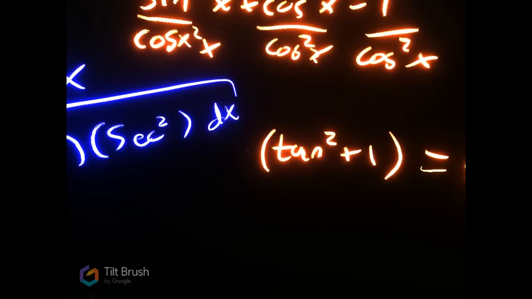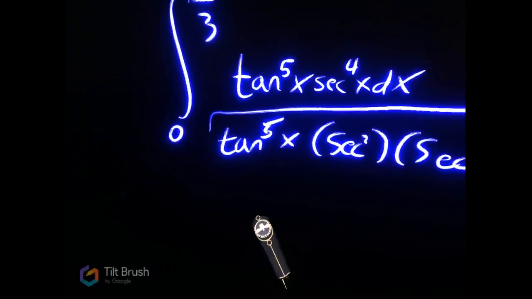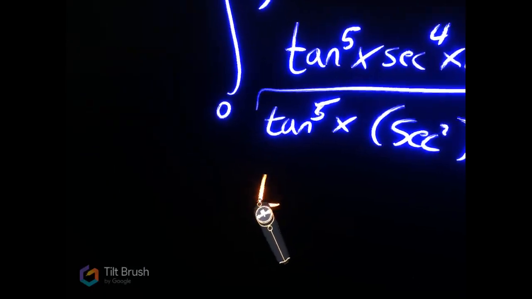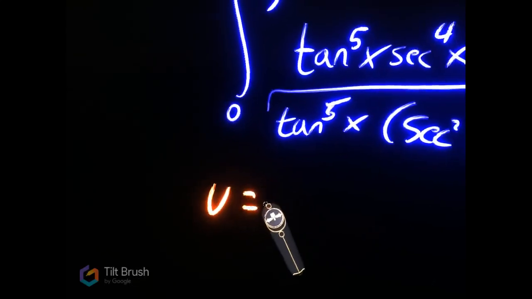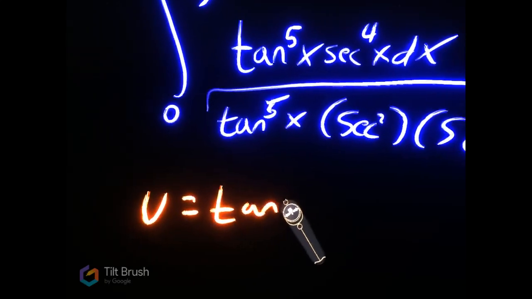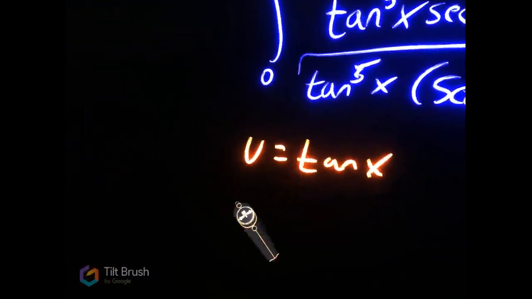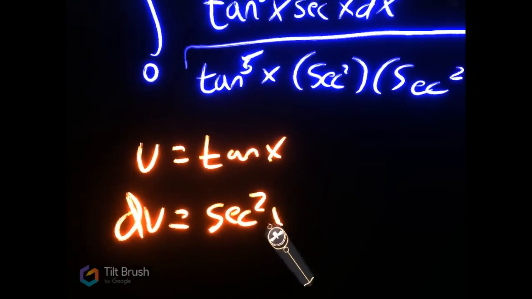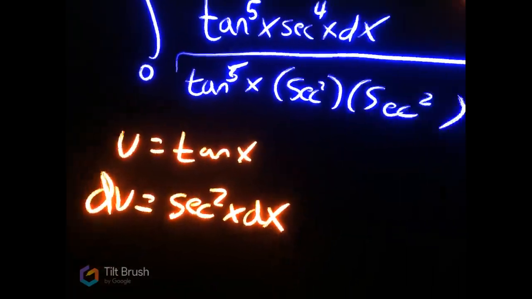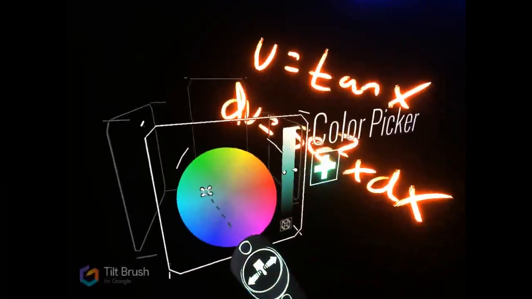Oh, no, I see now, okay. All right, so first I want to say u equals tan x, and the du equals secant squared x dx. Oh, it's magic!